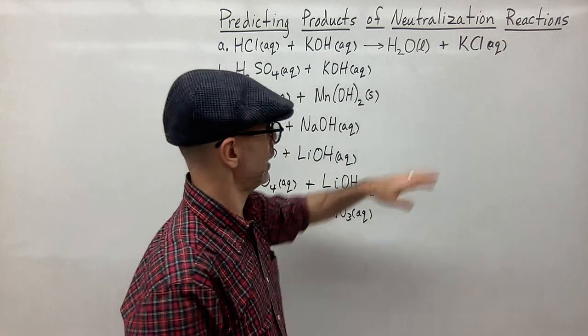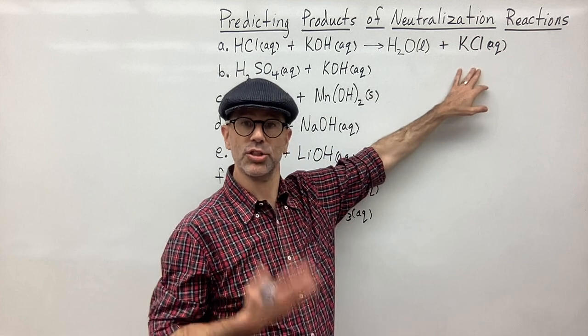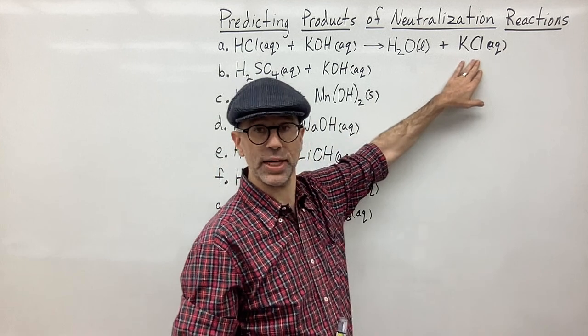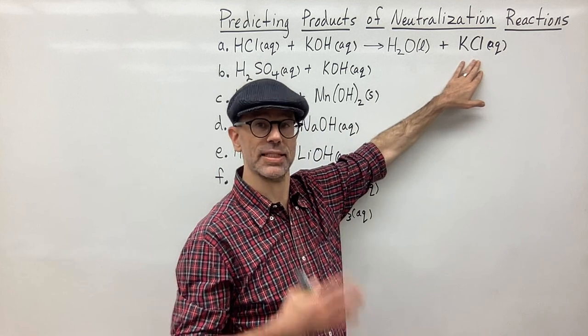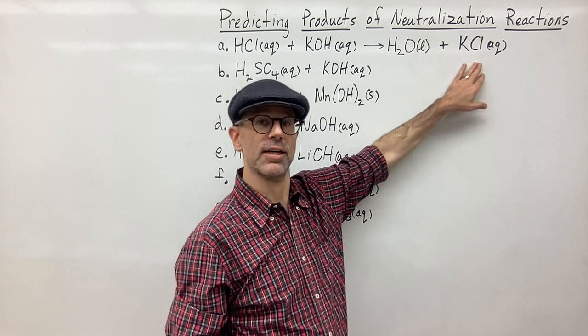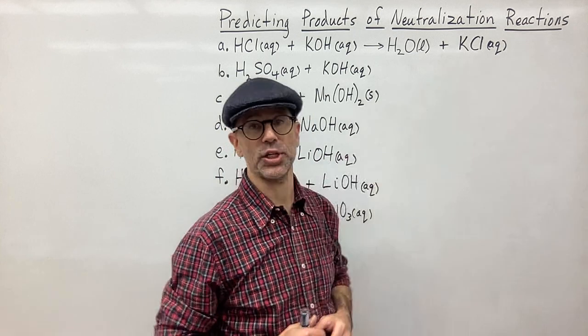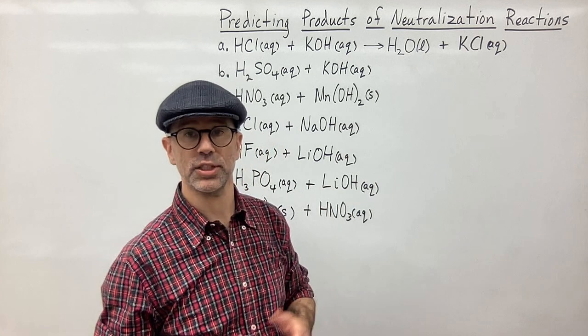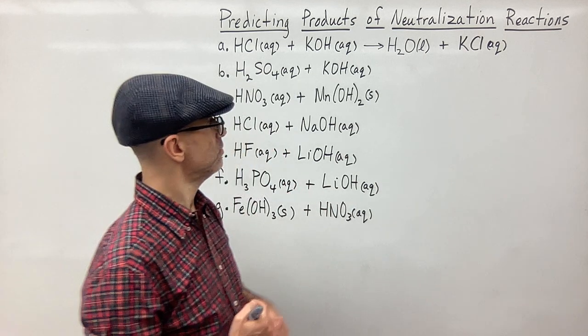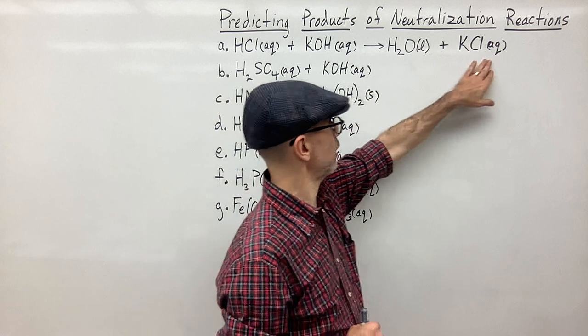And again, we can use the solubility rules to make sure that this is aqueous, or if it's going to be solid, is it soluble or insoluble? According to the rules for chlorides, your chloride ions are going to be soluble, except, of course, if you have silver or lead 2 ions. So we have a liquid and aqueous.